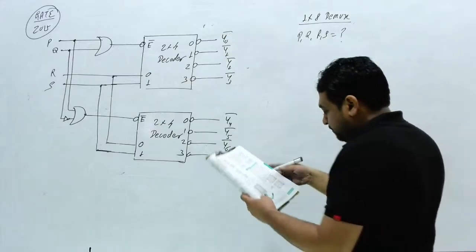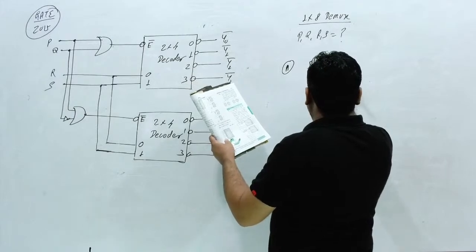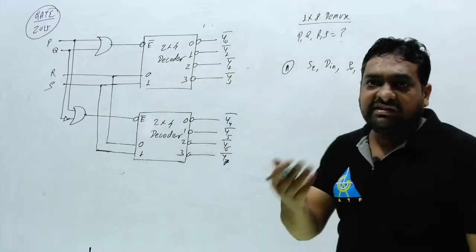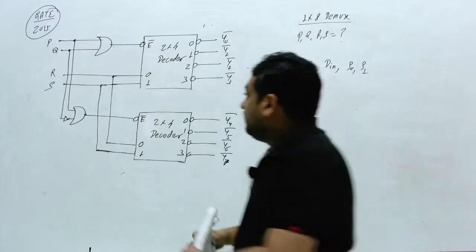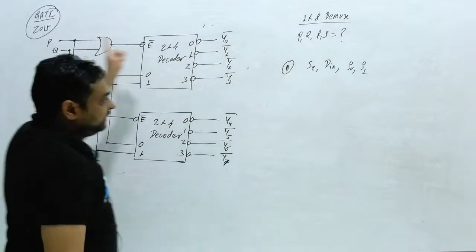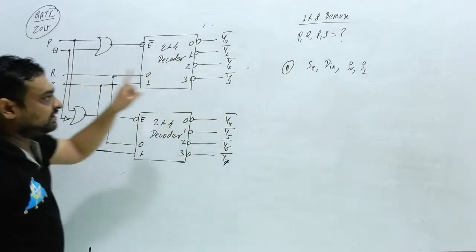4 options I am going to provide you. First option: S2, D in, S0 and S1. So here 3 will be selection lines and 1 will be data. In the first option P is the selection line S2, Q is the input data D in, R is S0 and S is S1.